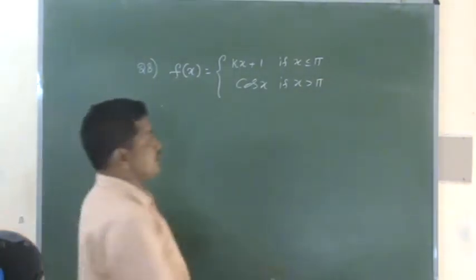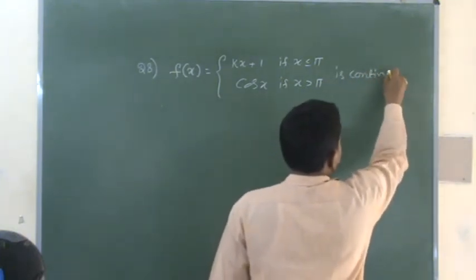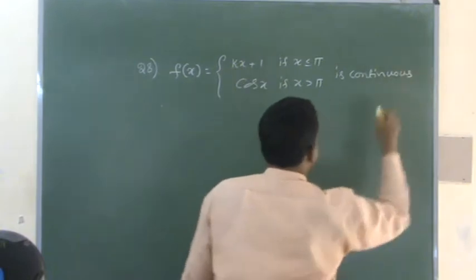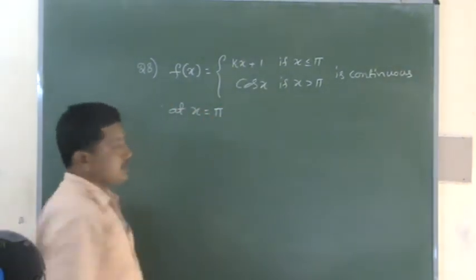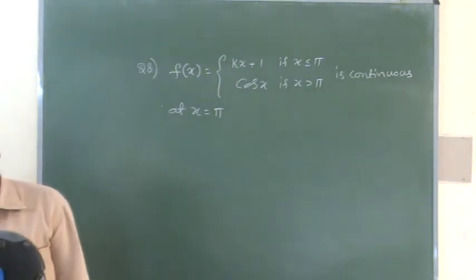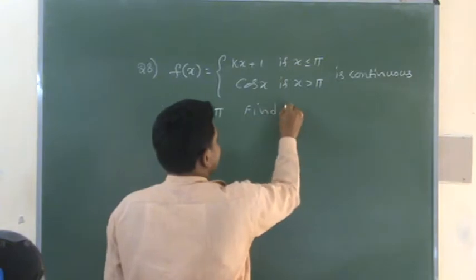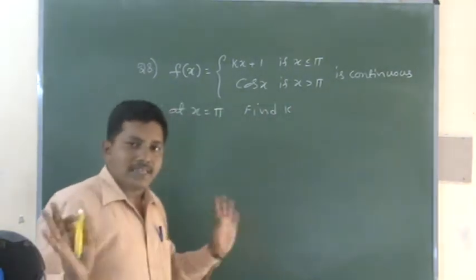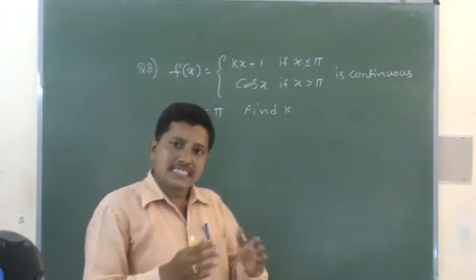Now f is continuous at x is equal to pi. This is given. Find the k value. Again the same format, right? I think almost all the problems are at the same level.